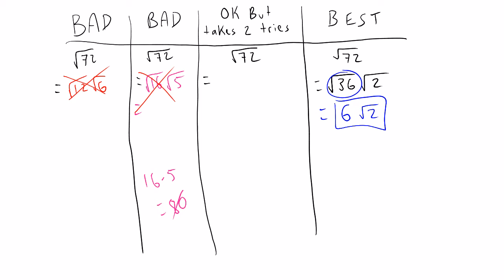Next, which actually in this third column is fine, you can get the answer. It's just not quite as efficient as the best way. Sometimes, and this doesn't always happen, you can find two numbers that multiply to get 72 or some number, but it's just not the biggest square. So you can do 9 times 8. You actually can do that.